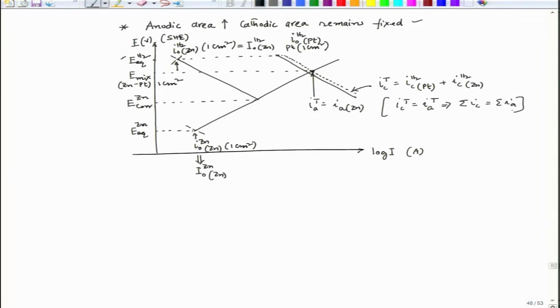Now, last time we increased the platinum area without changing the zinc area. Now, if we change the zinc area, let us say the zinc area has been changed to some arbitrary 10 centimeter square. So I0 would become I0 into 10, and this point will come here.